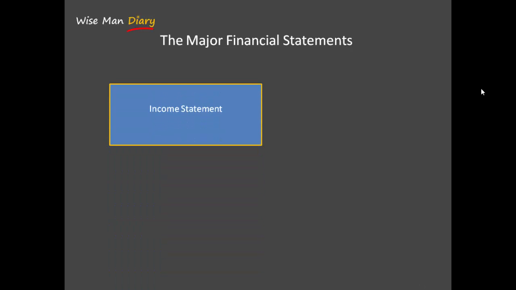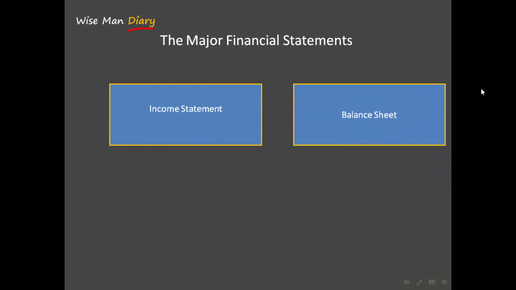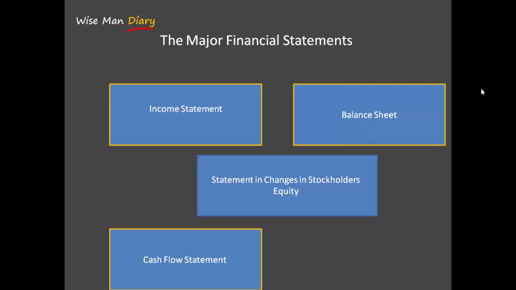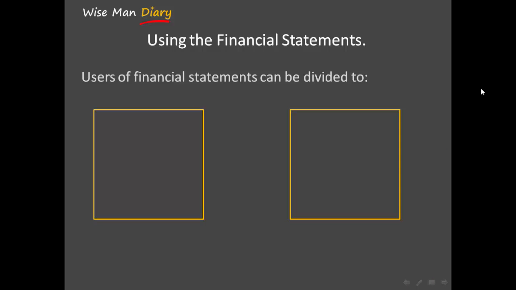We have 5 financial statements: the income statement, the balance sheet, the cash flow statement, the statement of changes in stockholders' equity, and the statement of comprehensive income. We will concentrate on the income statement, the balance sheet, and the cash flow statement, since these statements are required by most jurisdictions.